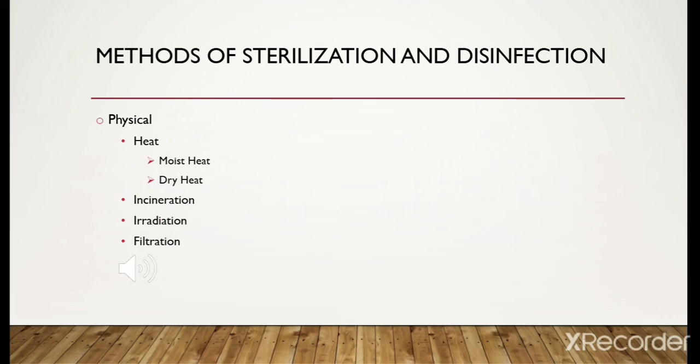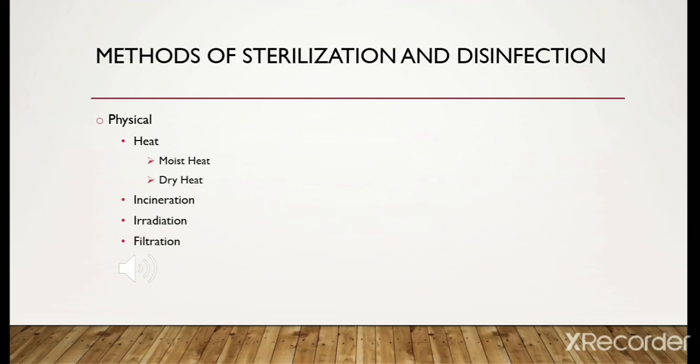There are two categories of heat. One being moist heat. Moist heat acts by coagulation and denaturation of microorganisms. Moist heat at 100 degrees Celsius, which is the boiling point at atmospheric pressure, for 10 minutes will kill non-spore forming pathogenic microbes.